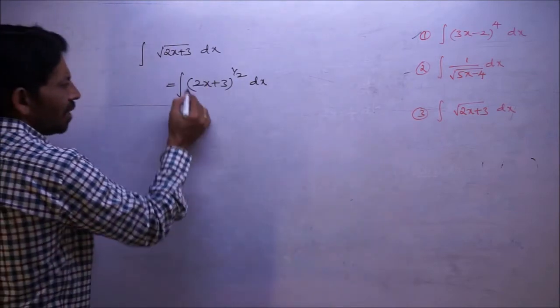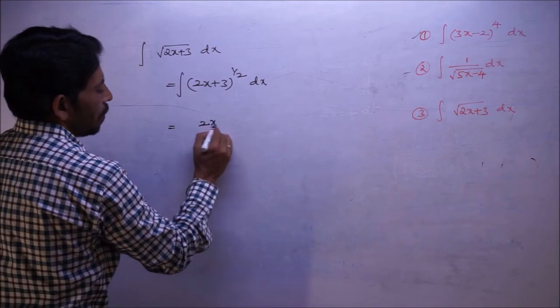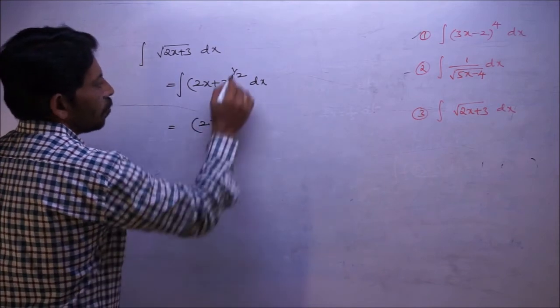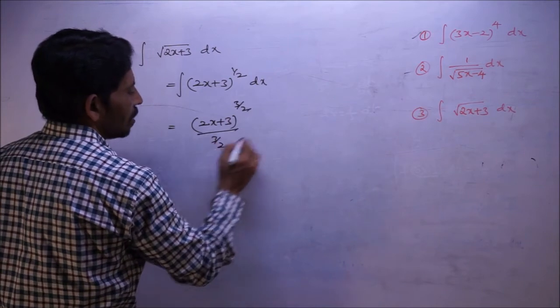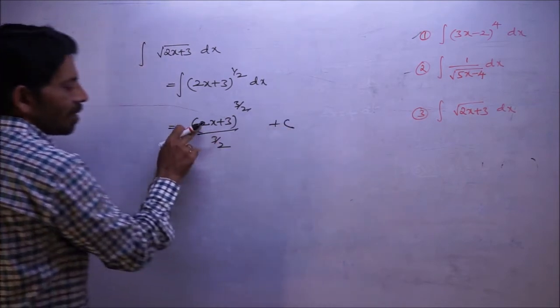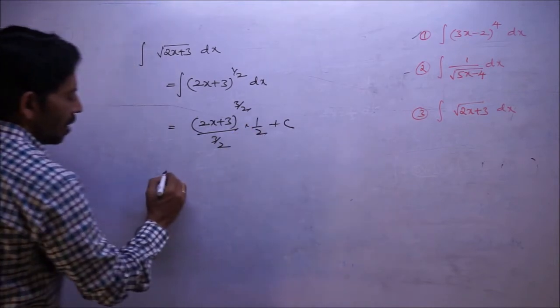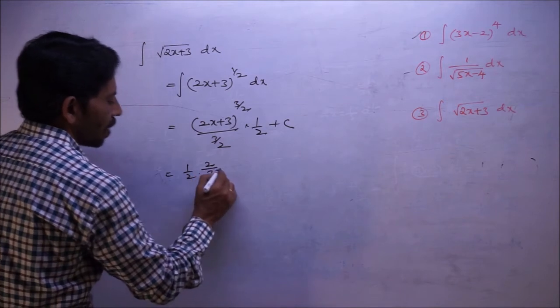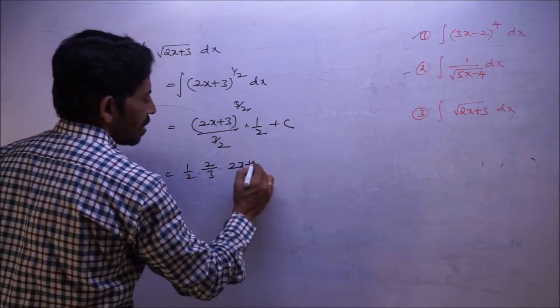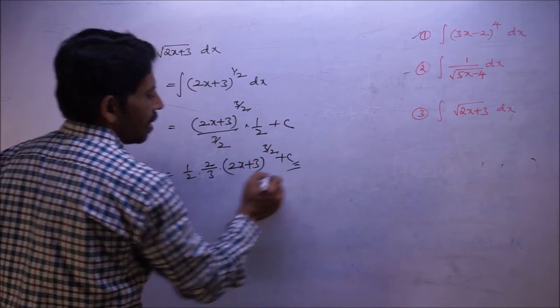Now we need to consider this as a single variable, so that we get 2x plus 3 whole to the power of 1 by 2 plus 1, that is 3 by 2, by 3 by 2 plus c. But here the coefficient of x we are supposed to divide, that is into 1 by 2. Then what will we get here? This 1 by 2 into, it becomes 2 by 3 into 2x plus 3 whole to the power of 3 by 2 plus c. This is the answer.